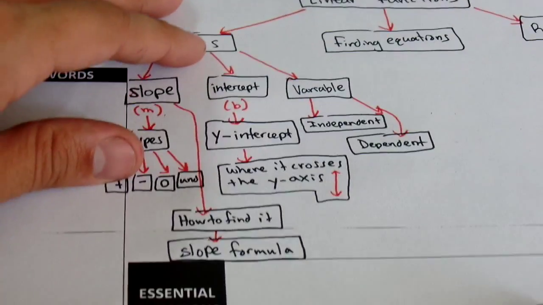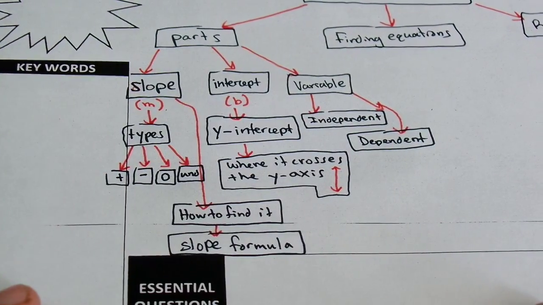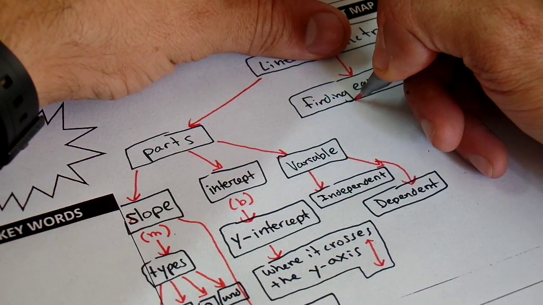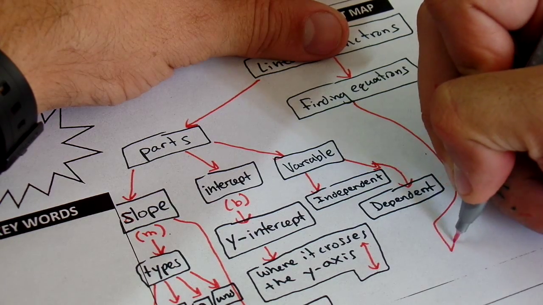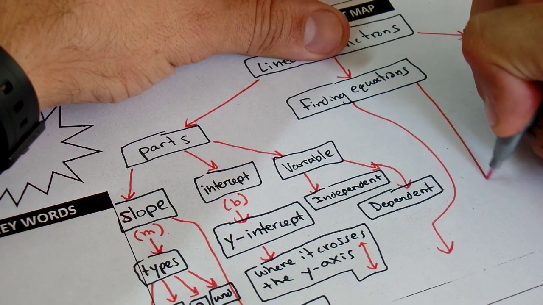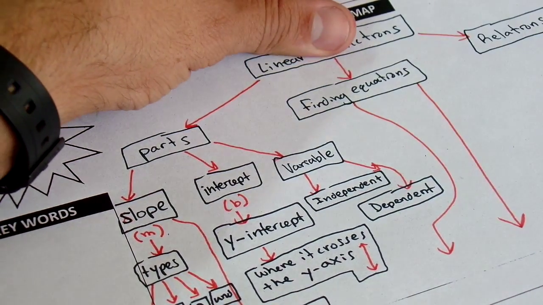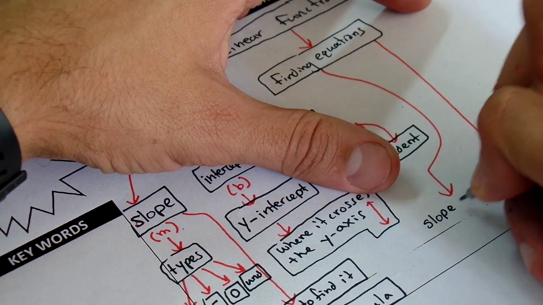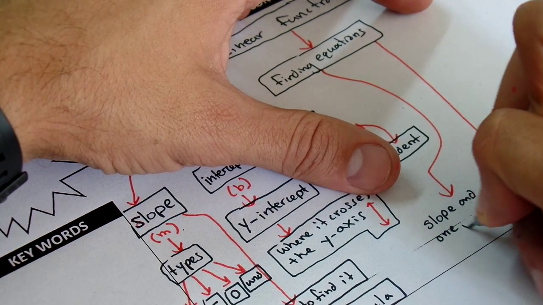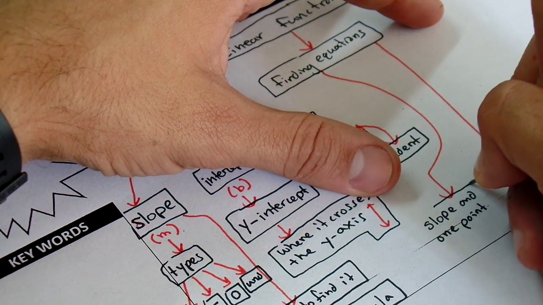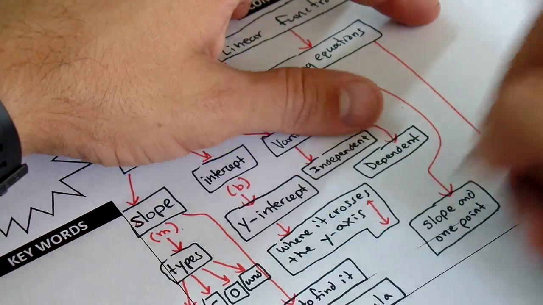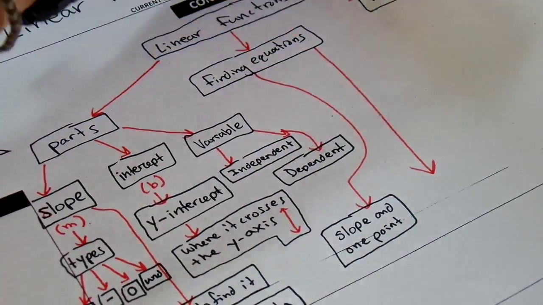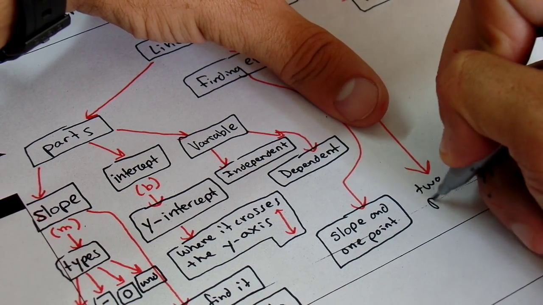So, once we figure out all of this complicated stuff, we're going to find equations. I'm going to draw these long lines 2 ways. One way is using slope and 1 point, and 2 points.